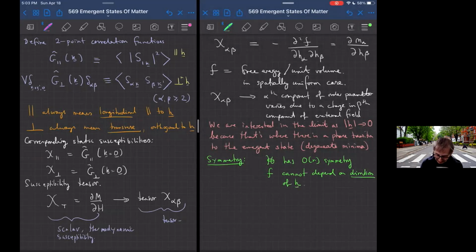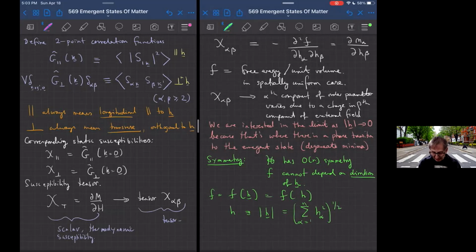So what that means is that F, which you might have thought is a function of the vector H, is actually a function of the scalar h. And by scalar h, what I mean is the absolute value of H, the norm of this vector, which is the sum of the squares of the components of H, square rooted.